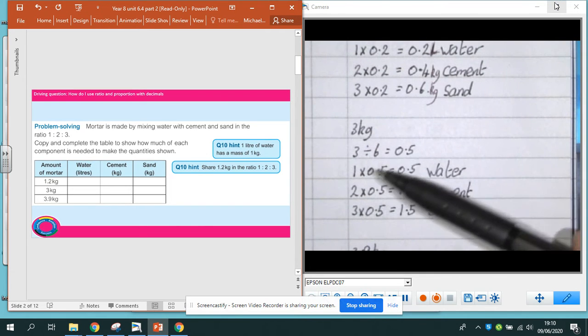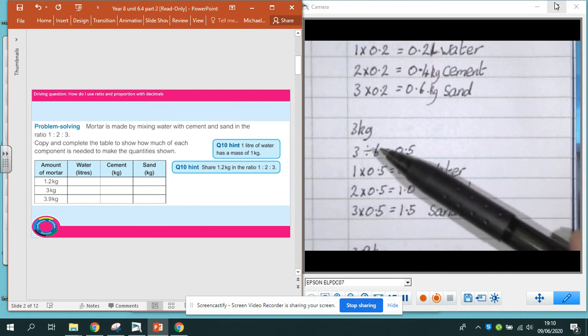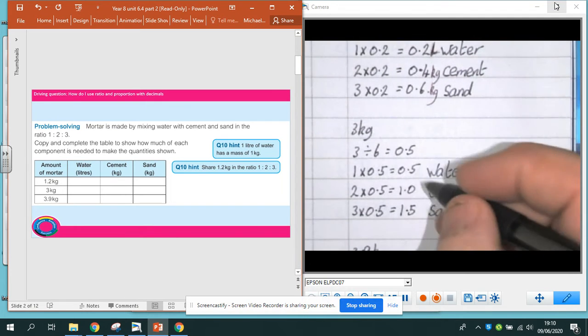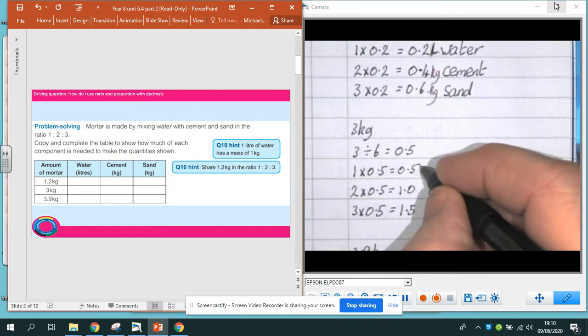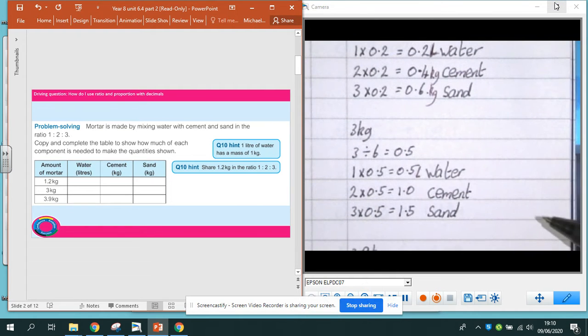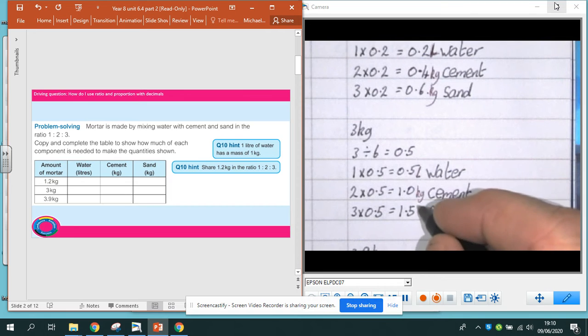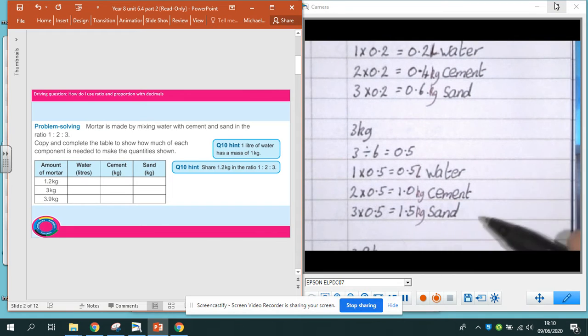So, going through for the next one we've got 3 kilograms, so 3 divided by 6 is 0.5, so that gives us 1 times 0.5, half a litre of water, 1 kilogram of cement, and 1.5 kilograms of sand.